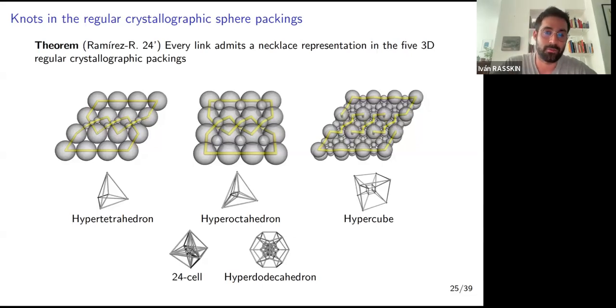And there is a famous theorem from Alexander that says that every link can be constructed from closing a braid. So every braid is contained in these sphere packings, and we can prove that every link is contained in these regular crystallographic sphere packings.